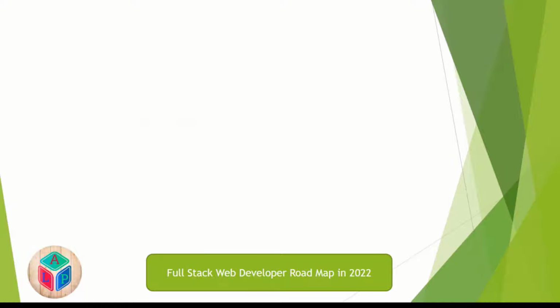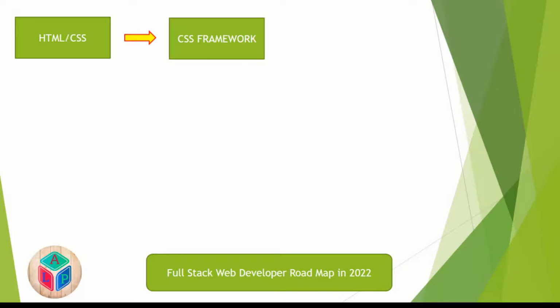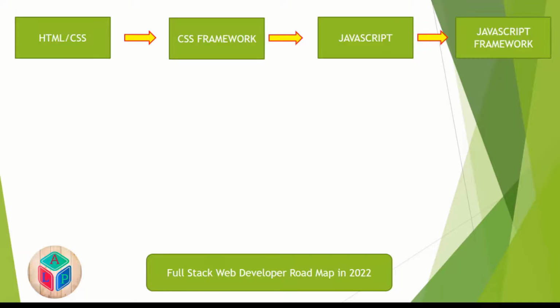Now we have completed the learning path of a full stack web developer. Now at the end, what we have to learn from start to finish. Let's see. Step 1. HTML and CSS. Step 2. CSS frameworks. Step 3. JavaScript. Step 5. JavaScript framework. Step 6.